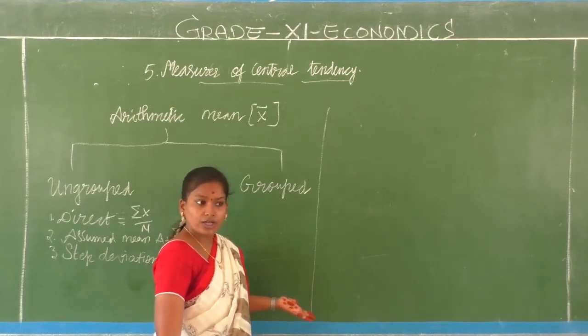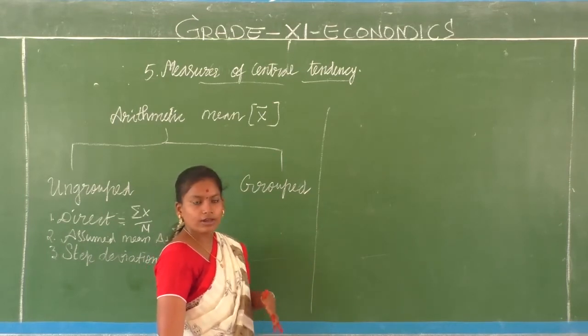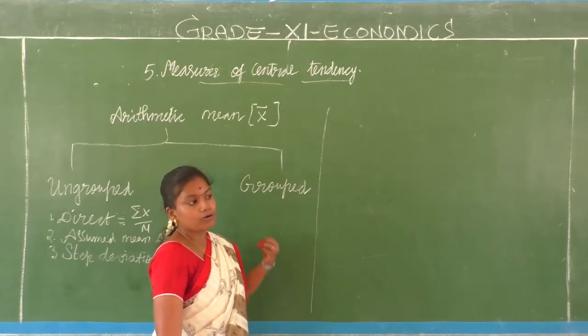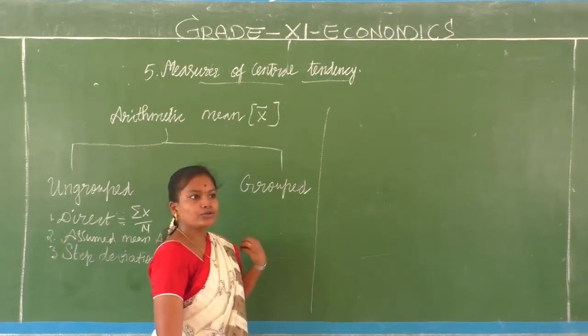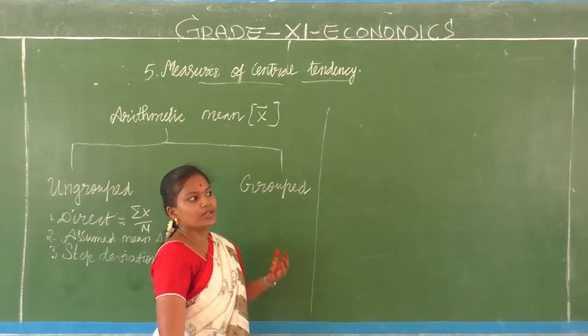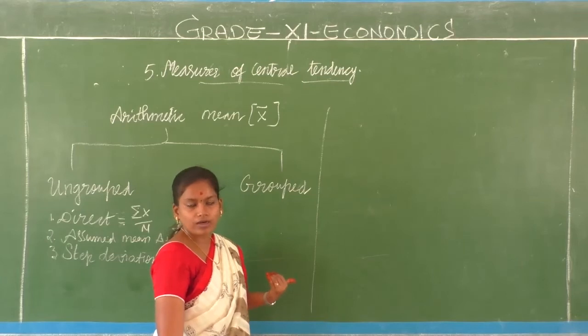You can go for continuous variables, because from 30 to 40 also will be there, 40 to 50 also you will have, 50 to 60 also the weight you can calculate. But when you talk about discrete variables, they have exact jumps. Like when you talk about the age of the students present in a class, you need to go with the discrete variable, because it's an exact jump of 1.